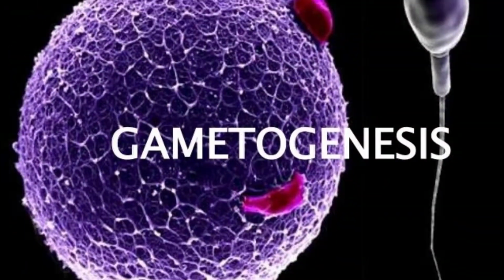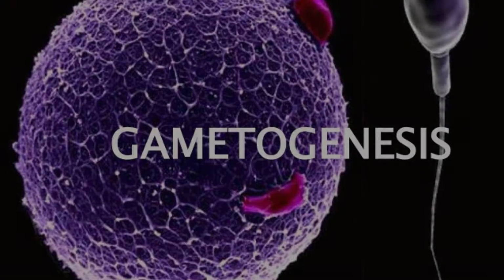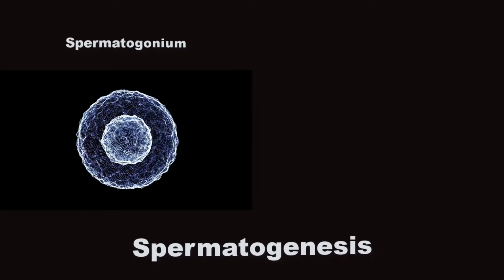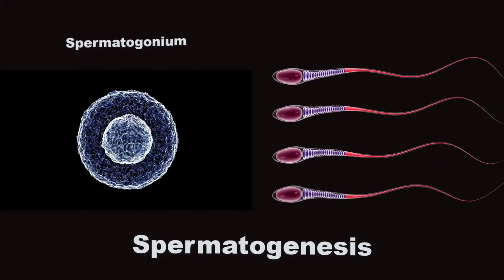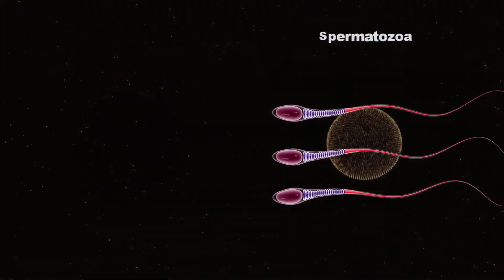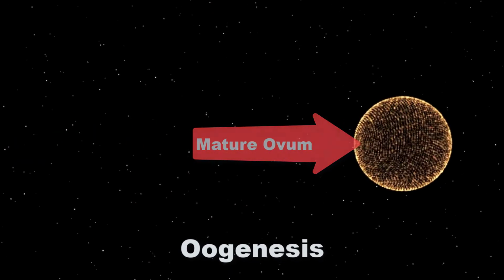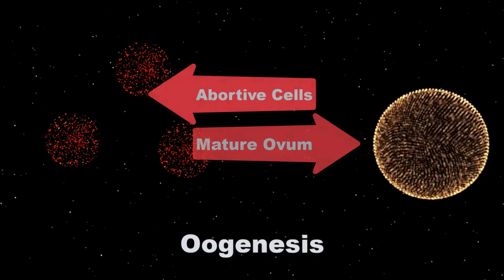The formation of gametes by the process of meiosis is known as gametogenesis. Spermatogenesis is the process of one spermatogonium giving rise to 4 spermatozoa. In oogenesis, from each oogonium, 1 mature ovum and 3 abortive cells are produced.